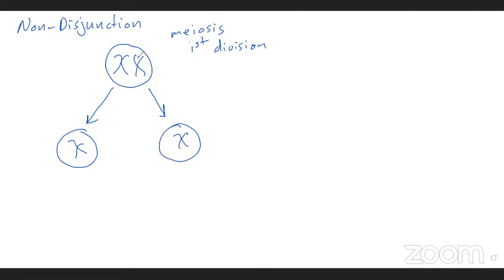So I'm saying at the end of the first division, should the two cells look like this? That is what I'm asking. Yes. Because what would have happened between this diagram and this diagram? What would have happened?